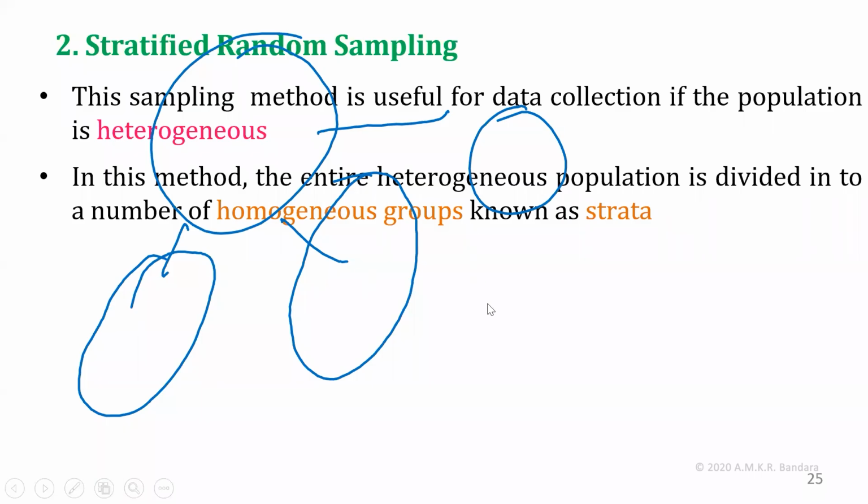Another example, assume you are going to study the paddy yield of farmers. These farmers may grow different varieties. Variety 1, variety 2, variety 3. So if you selected farmers who grow only one variety, it will be biased.